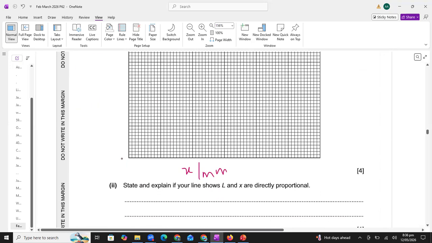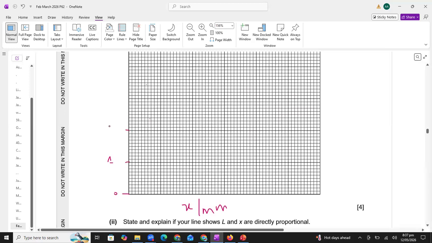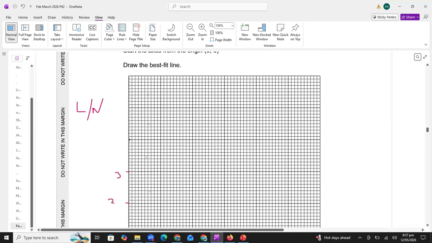So we can start the reading from 0. All right. Then after 10 small boxes, it is 1 Newton. 10 small boxes, 2 Newton. 10 small boxes, 3 Newton. 10 small boxes, 4 and 5. And in the last, we have to mark the 6.